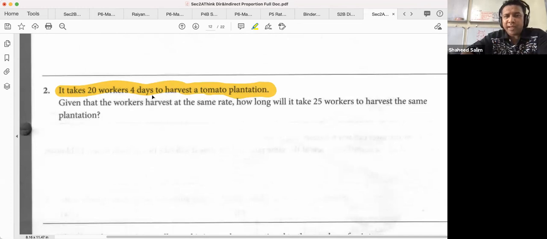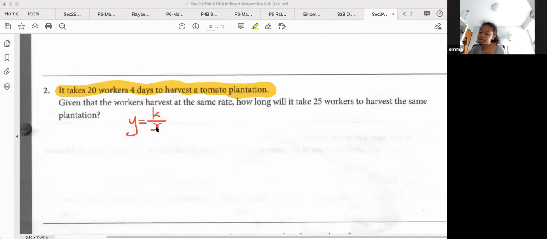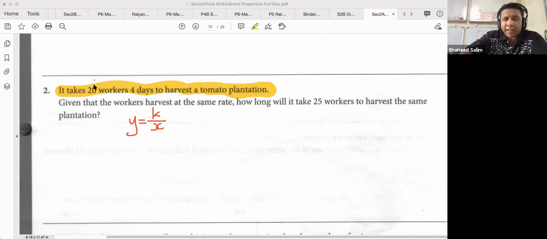This number of days, we take it to be y. Y equals k over x. So this is supposed to be x. Workers is x. Time is y. So you put in and you find out what is k. Can you find out what k is?